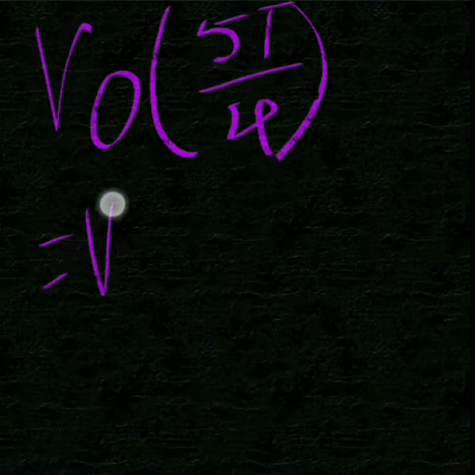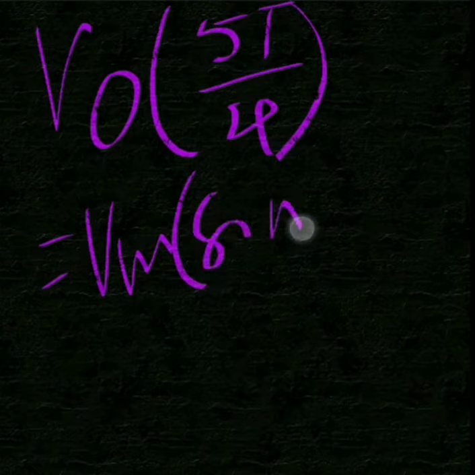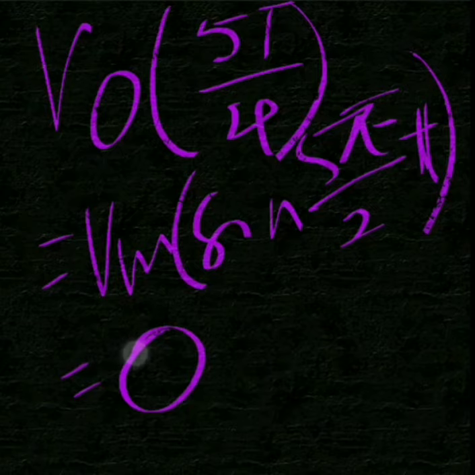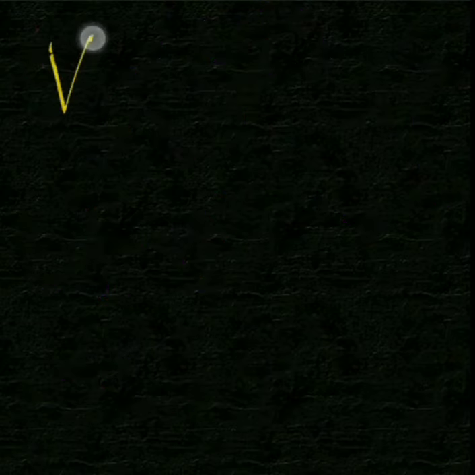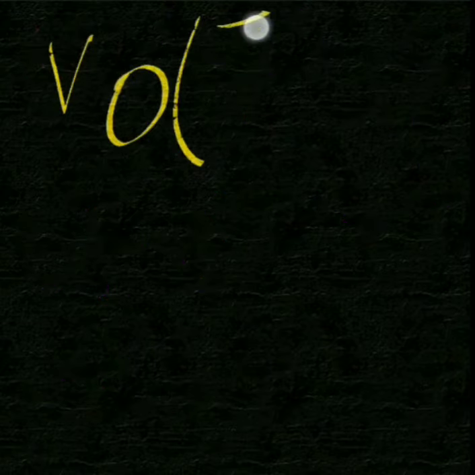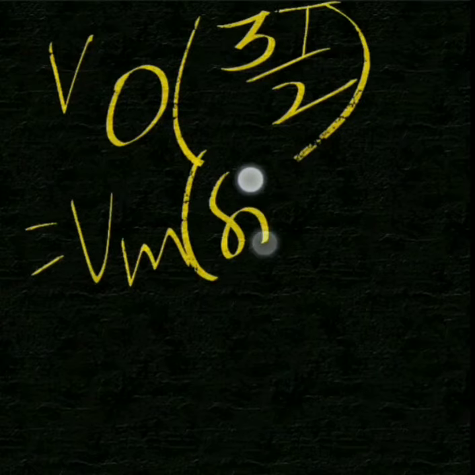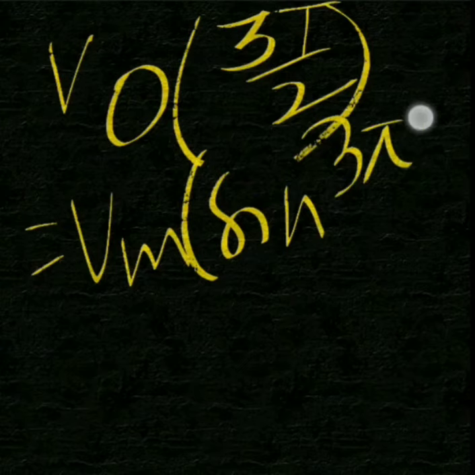Vo at 5T/4 is Vm sin 5 pi by 2 minus 1. Sin 5 pi by 2 is 1, so this value will be 0. Vo at 3T/2 will be Vm sin 3 pi minus 1. Sin 3 pi is 0, so minus Vm.